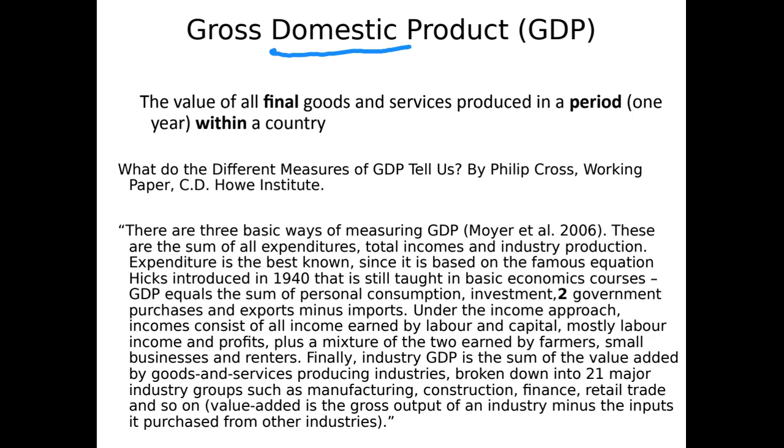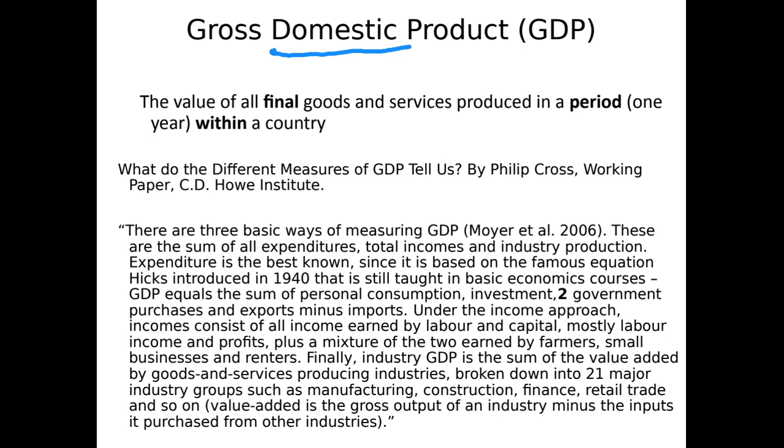Now I have copied this text from an article that I've already attached. What do the different measures of GDP tell us? This is written by Philip Cross, a working paper published by the C.D. Howe Institute. There are three basic ways of measuring GDP.